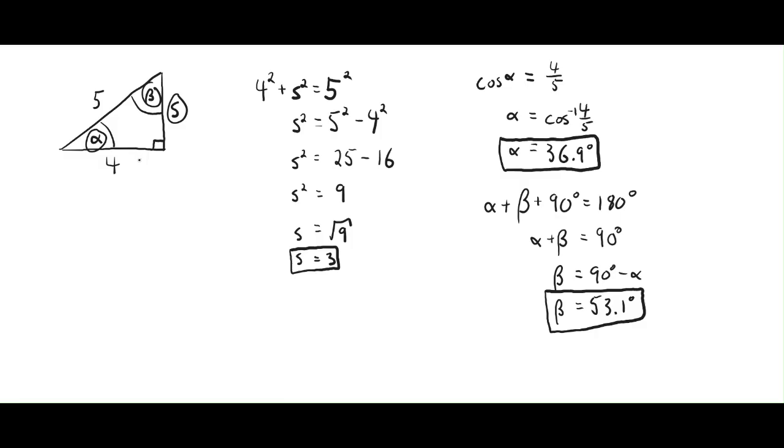Okay, so let's try one more example where we're given one of the sides and one of the angles. Okay, so this time let's say we have a 45-degree angle, and we know that this side length is 10.